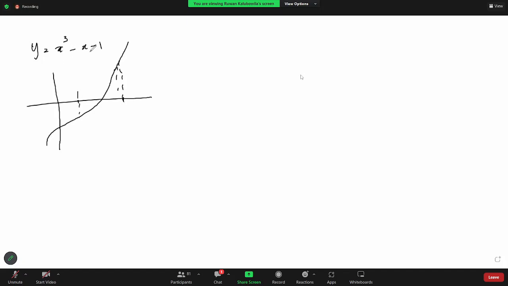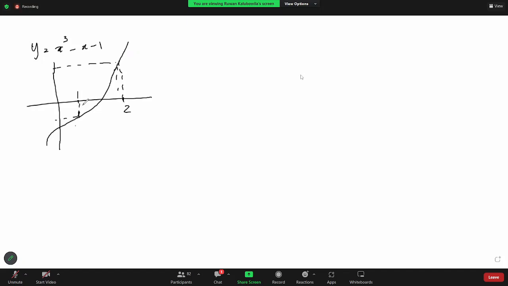Then it is negative, right? If we apply 2 here, 2 to the power 3 is 8, minus 2 is 6, minus 1 is 5, so this is a positive value. First we have to identify these two values, the edges of your inputs. This is negative, this is positive. Now you can start the program.